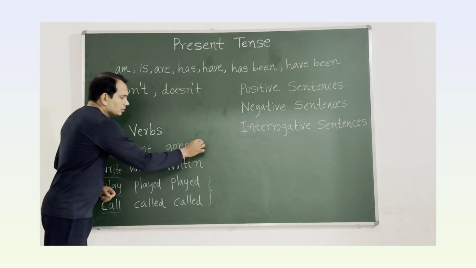How to use them in sentences, and what is the difference between go and goes, write and writes, play and plays, call and calls, we will find out with examples.